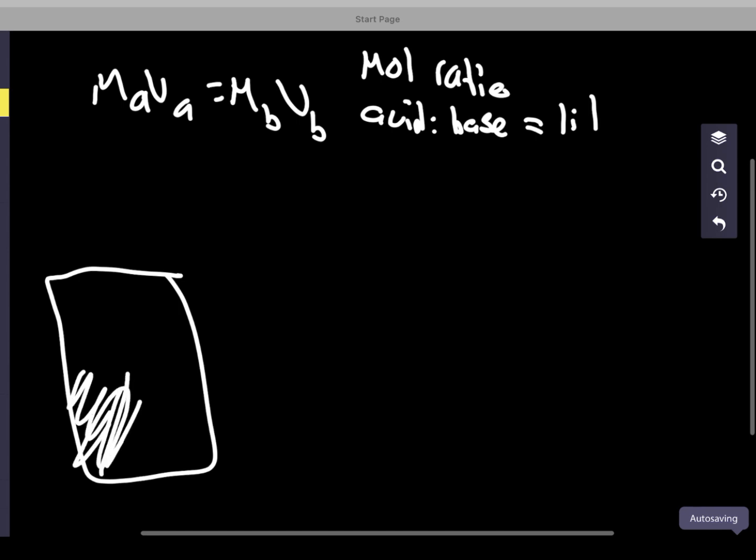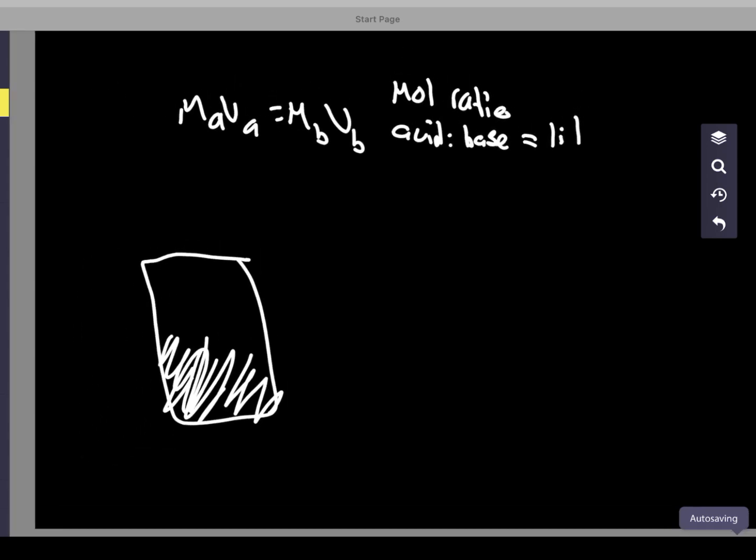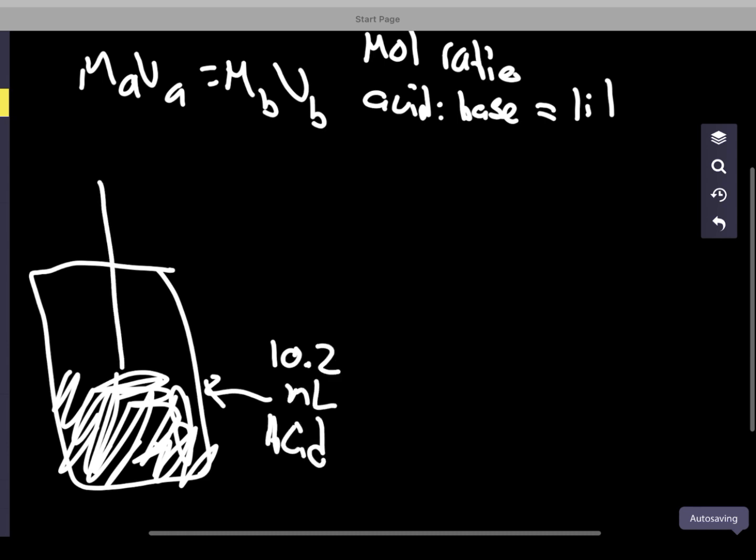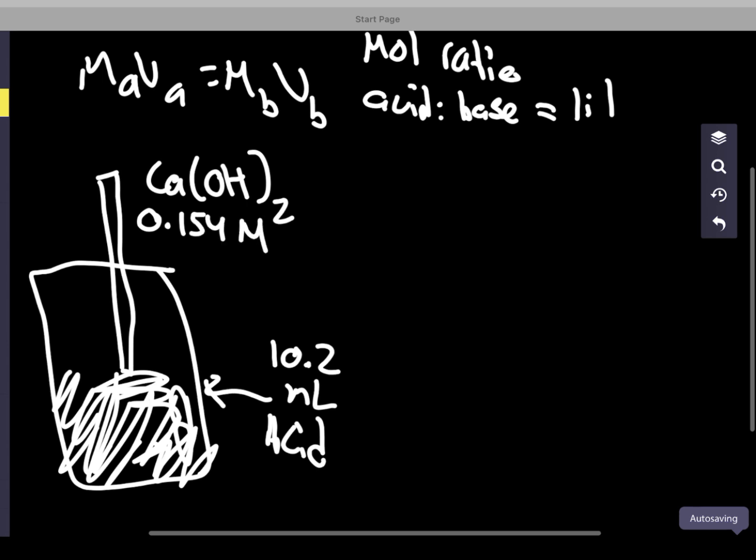Alright, so we have some acid we're trying to titrate. So let's say we have 10.2 milliliters of acid. And in our titration, we're going to use Ca(OH)2, so calcium hydroxide. And we're going to use a 0.54 molar solution of this and 53 milliliters of this.